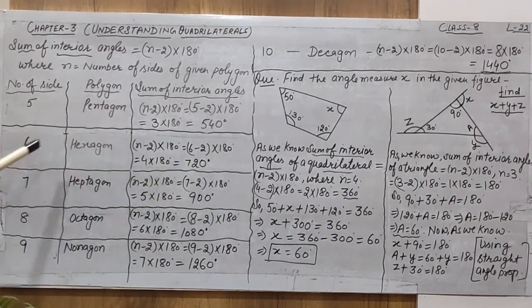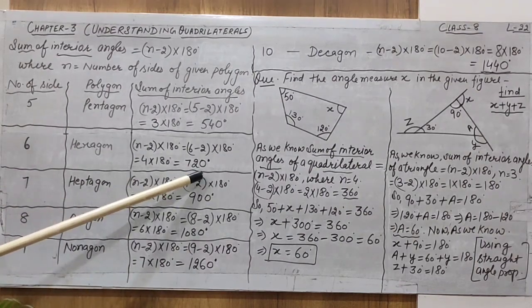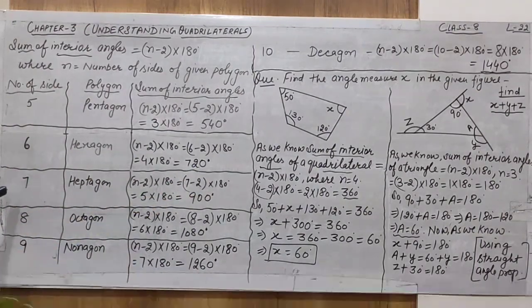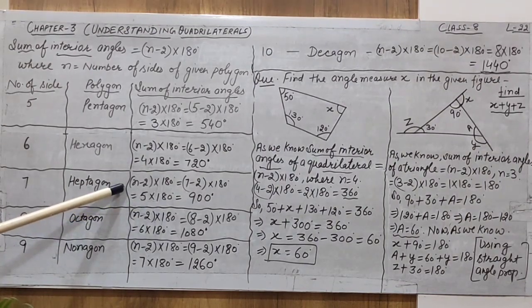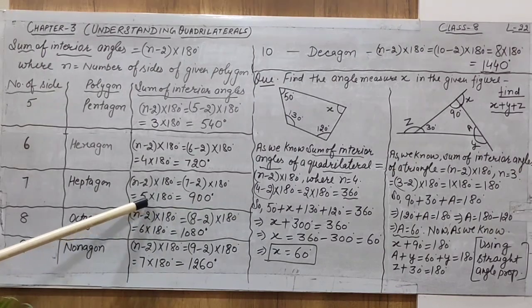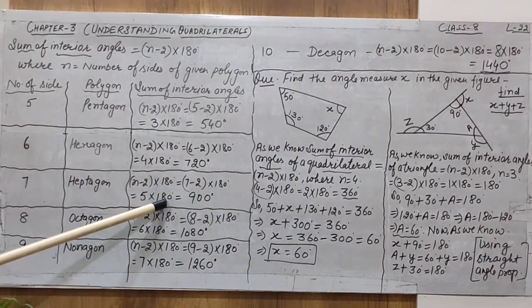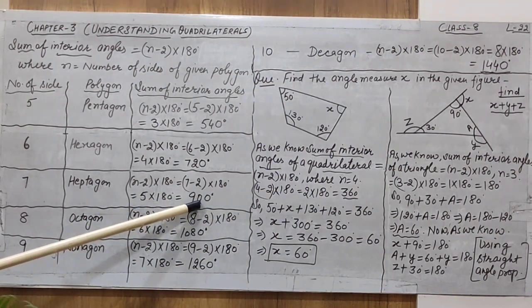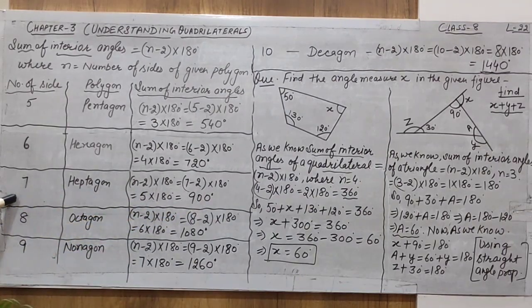So the sum of the 6 angles of a hexagon is 720 degrees. Next, the number of sides is 7. The type of polygon is heptagon. And the sum of interior angles is (n minus 2) into 180, n is equal to 7. So 7 minus 2 into 180. 7 minus 2 is 5. 5 multiplied by 180 is equal to 900 degrees. So the sum of 7 angles of a heptagon is equal to 900 degrees.